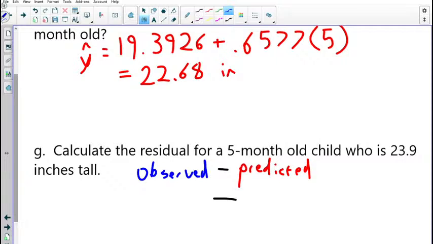That's what the actual 5-month-old child was. 23.9 is the actual observed value. Minus, what's the predicted value? The prediction is what we got out of the line. So that's what we did over here, 22.68. Equals 1.22.